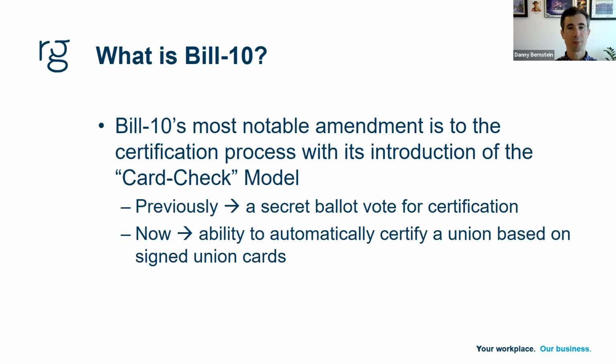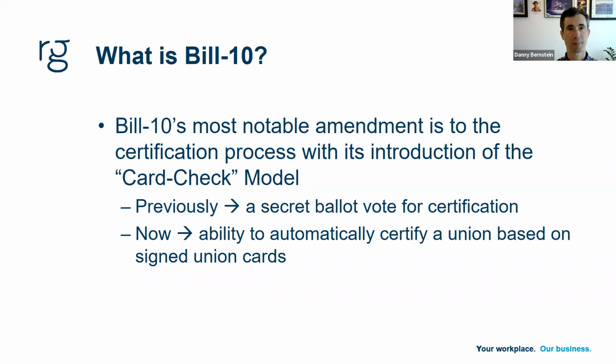Prior to Bill 10, we had a secret ballot model for certification. So if a union wanted to certify a workplace, they needed to have cards signed. They presented those cards to the labor board. If they met a certain threshold in terms of percentage of the proposed bargaining unit, the board would order a secret ballot.